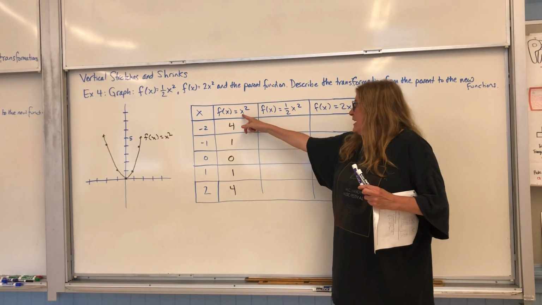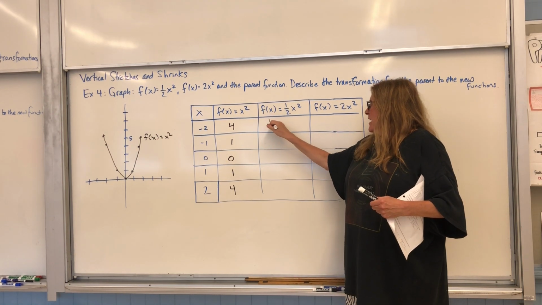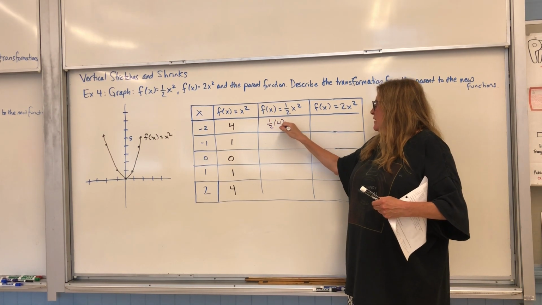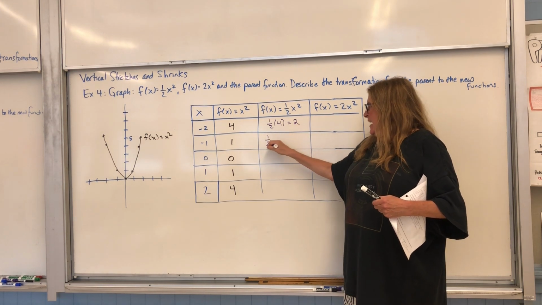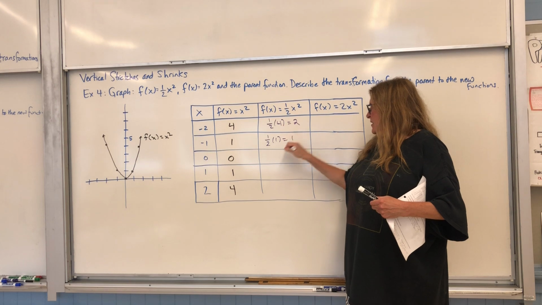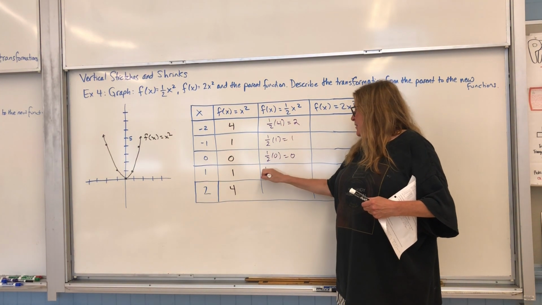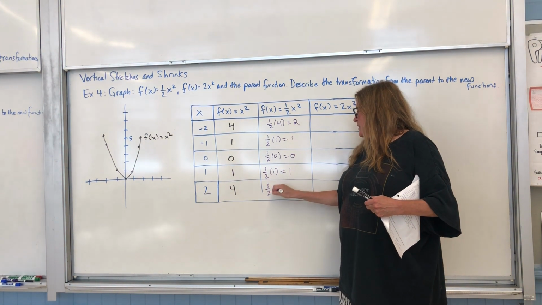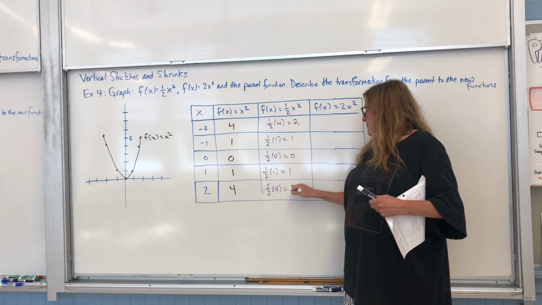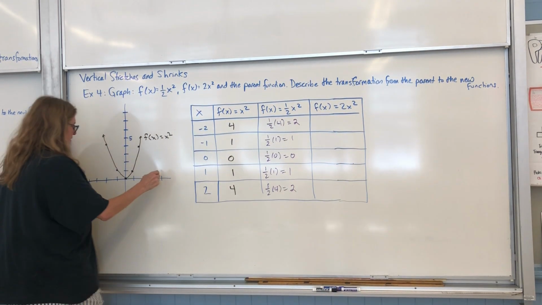Well, if you notice, I already have the x squared here. So 1/2 x squared is going to be 1/2 times 4, which is 2. Right? This one's going to be 1/2 times 1. This one's going to be 1/2 times 0. This is going to be 1/2 times 1. And 1/2 times 4. So let's graph these and let's see how it looks different.